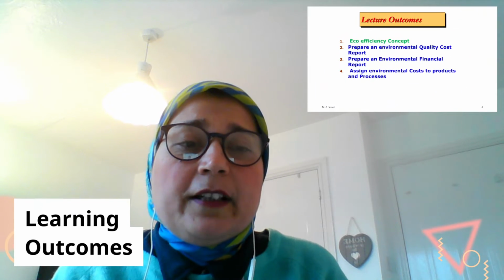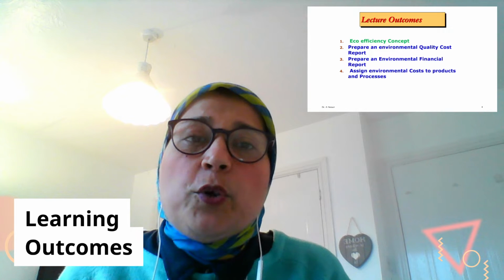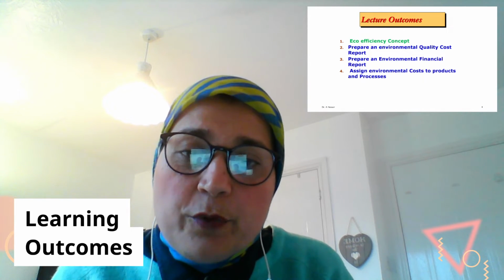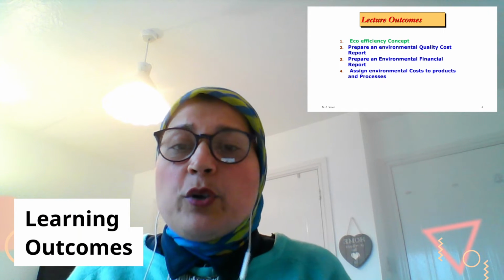In environmental management accounting, every week you will see me putting the learning outcomes of the lecture or of the topic. It's called either learning outcomes, or lecture objectives, or lecture outcomes, or topic outcomes, or what you have to understand from the whole topic.